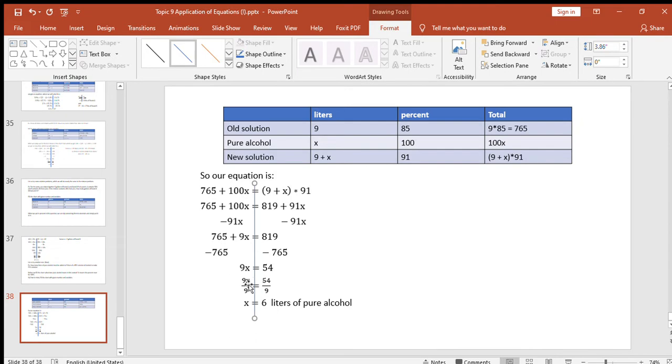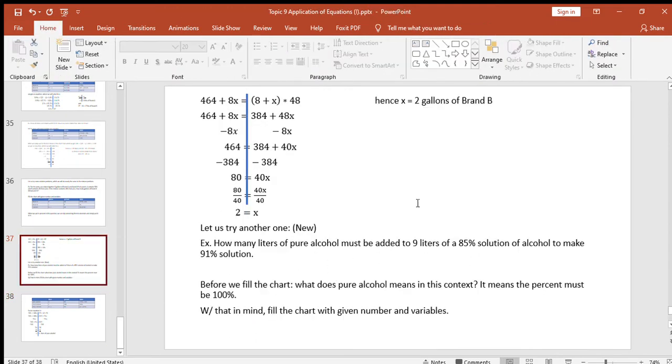And that's all you need when you're dealing with that kind of question. The only difference was we're given this new context in our problem, as a pure something. So every time you're given a pure solution in any solution problem, the percentage of that is going to be 100%. Okay.